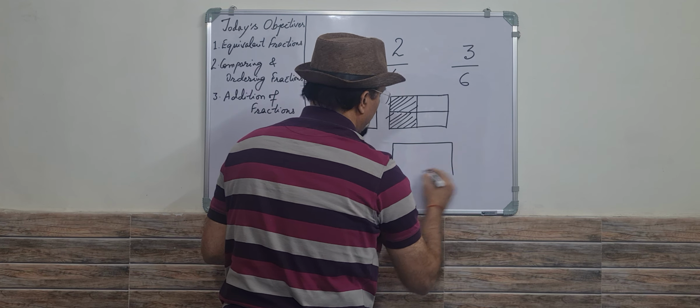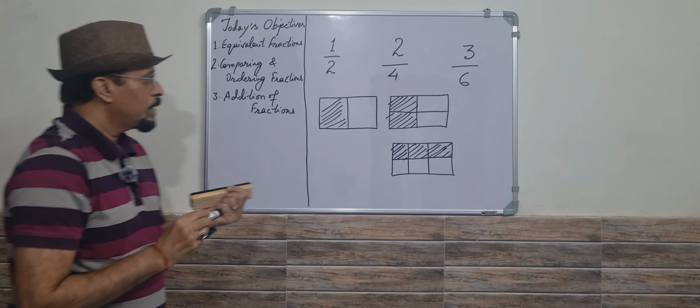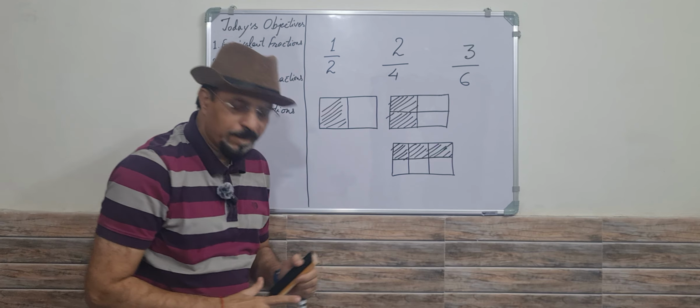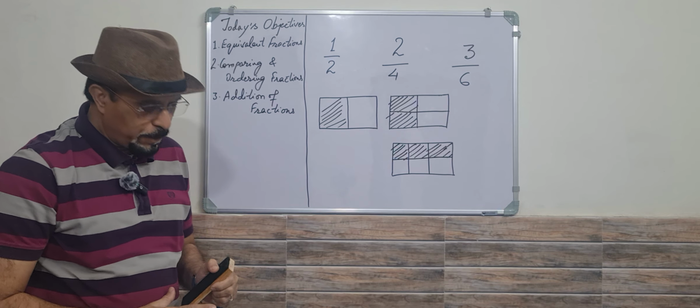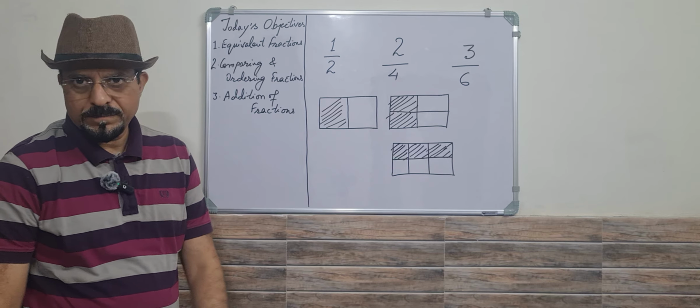So how can I do that? Like this I can do. And then 3 equal parts out of 6 parts. This is the representation of 3 by 6. So these are different looking fractions, but they represent similar values, right?